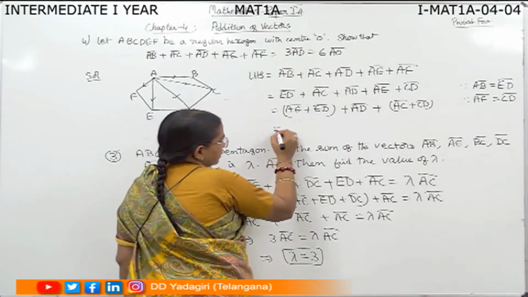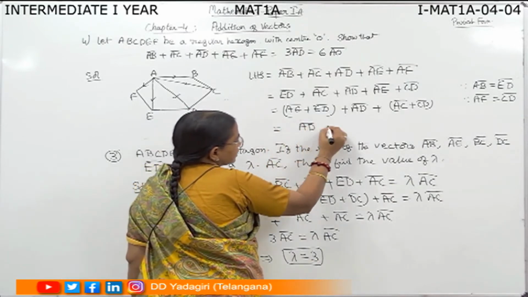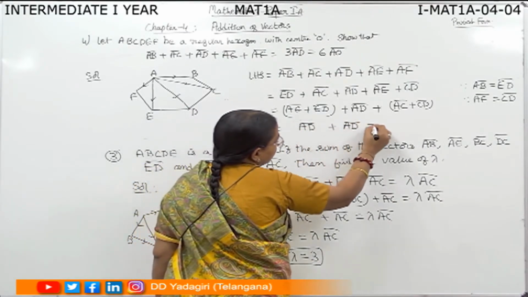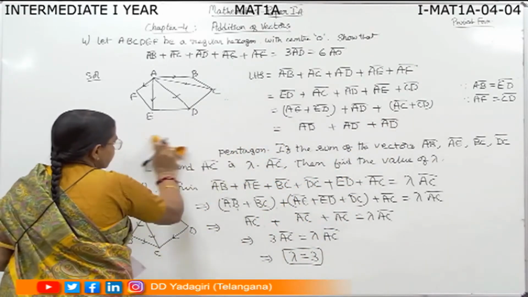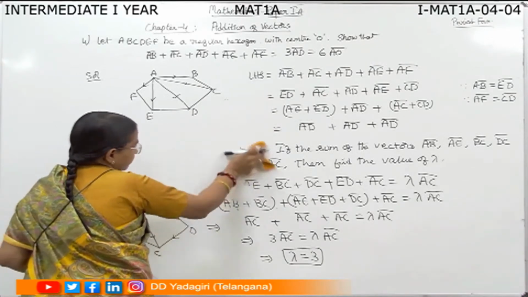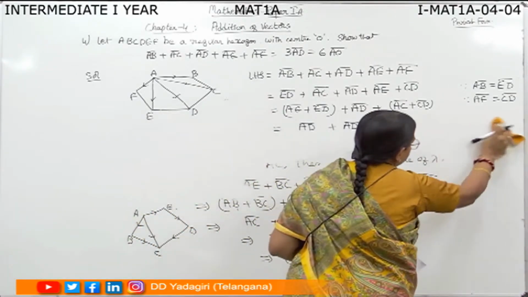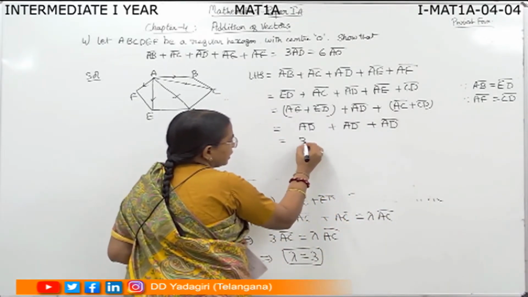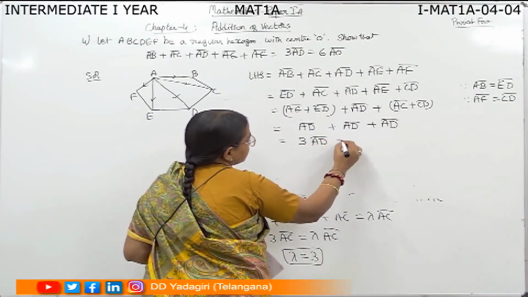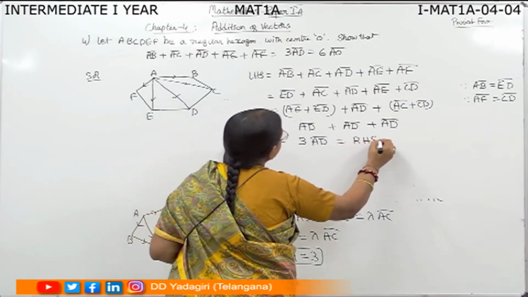So now this is one AD, another AD, and another AD. So it is equal to 3 times AD. Hence it is proved, equal to the right hand side.